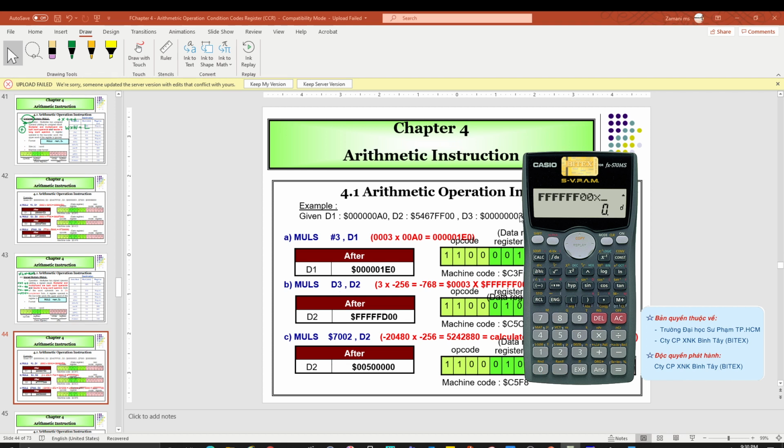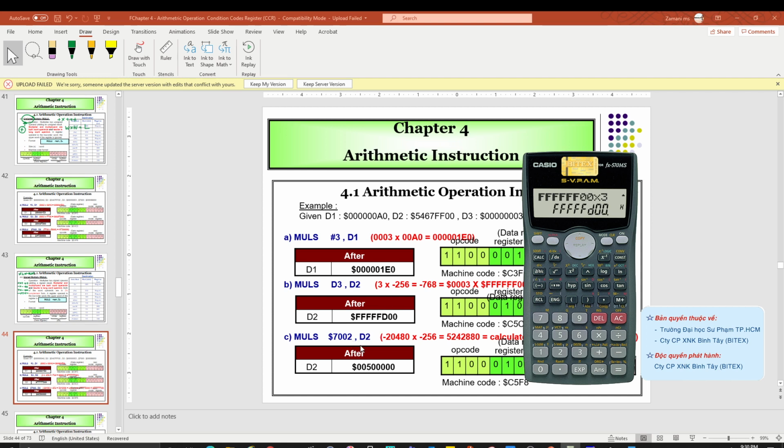D3 is given as 3, and the result, sorry, this should be hexa, FF00 times 3. You get the answer FFFFFD00. So that is the answer.